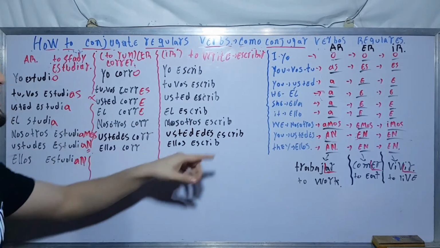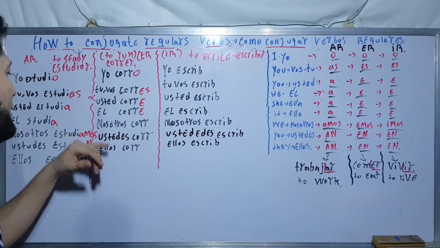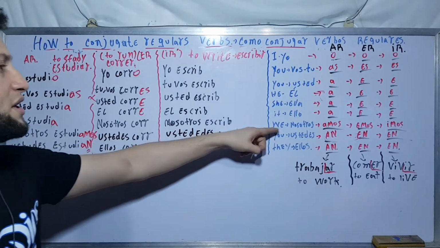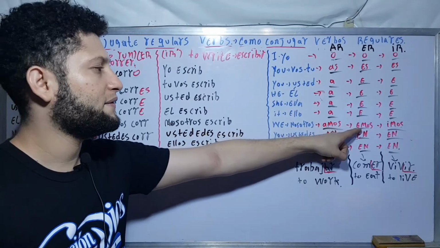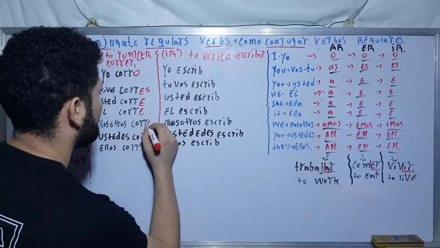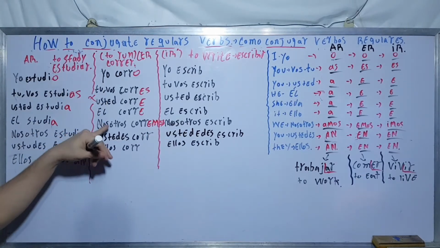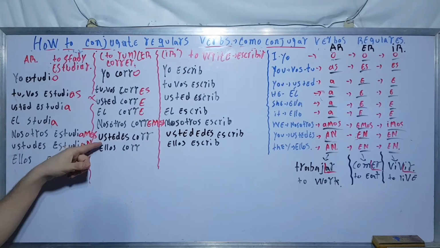Remember, usted is for formal situations, for you to speak with your parents or maybe grandfathers and so on, teachers in Spanish. It sounds more polite. Nosotros, we, nosotros corremos.